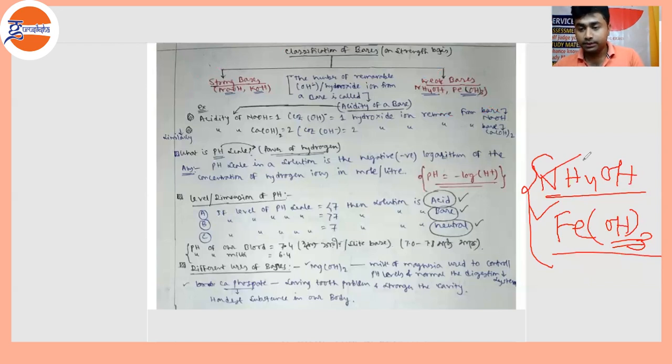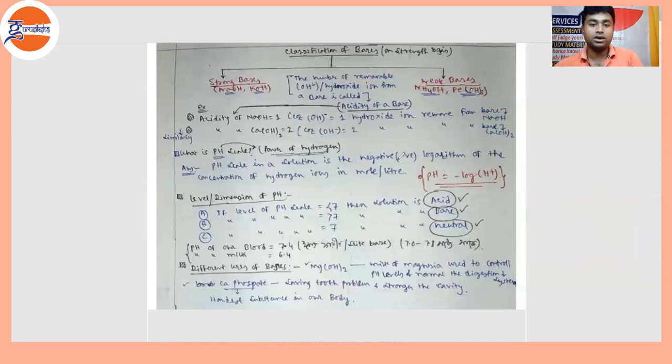Both of these bases are fully ionized in water, and their chemical bonds are a little bit weaker than a strong base like NaOH, sodium hydroxide, or KOH, potassium hydroxide. Okay, so this is a very simple part. I think we can easily understand strong base and weak base now.